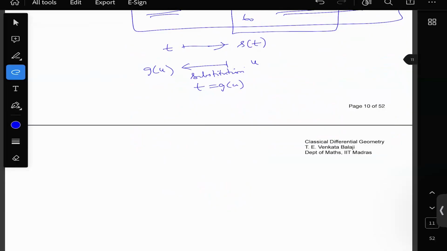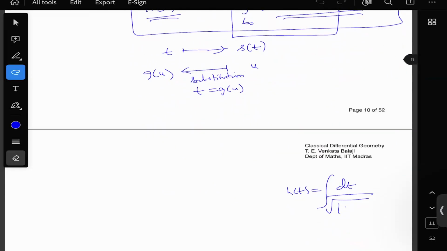If I give you h of t equal to the integral of dt by root of 1 minus t squared, this is something that you all know. It's just sine inverse of t.